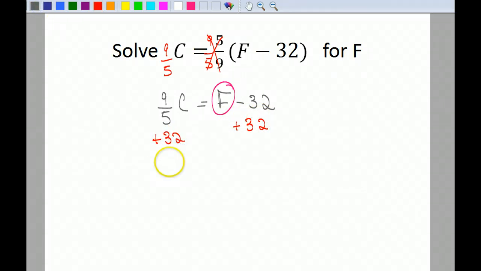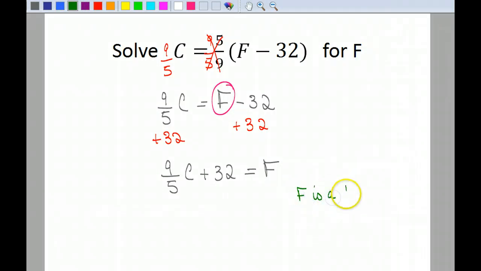So when I finish, I have 9/5 C plus 32 is equal to F. So in this case, when we talk about this in terms of function notation, we would say that F is a function of C. We'll talk about that more in a moment.